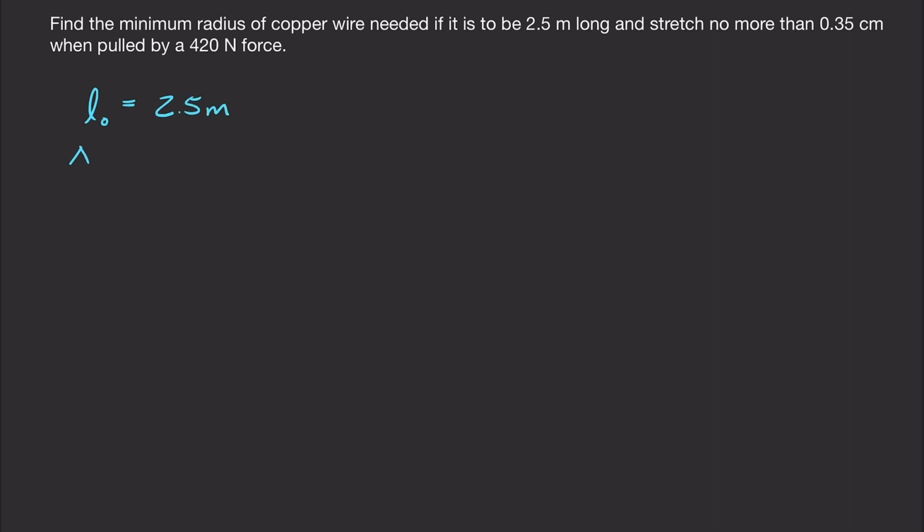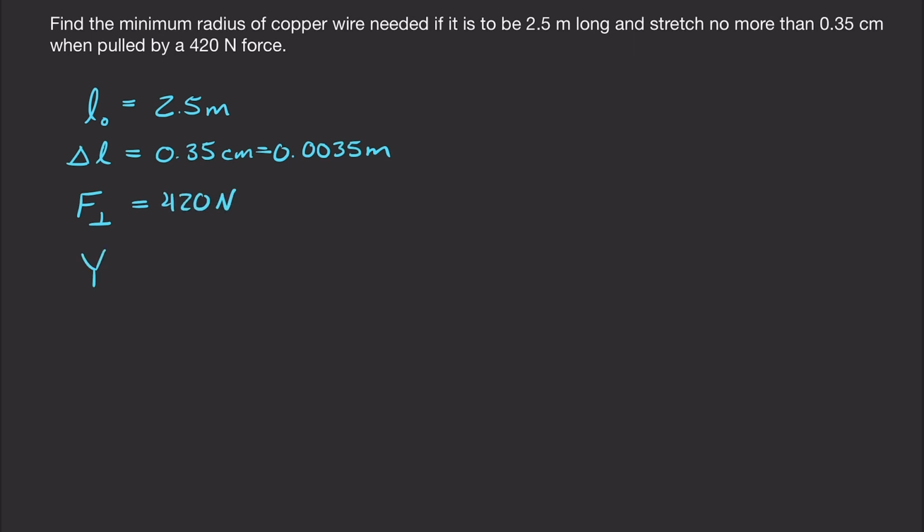We need it to stretch no more than delta L of 0.35 centimeters, which is 0.0035 meters, or you could use scientific notation. The force that we're going to apply is going to be 420 newtons.